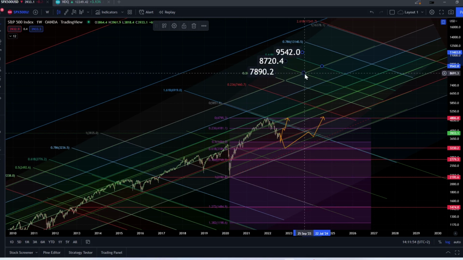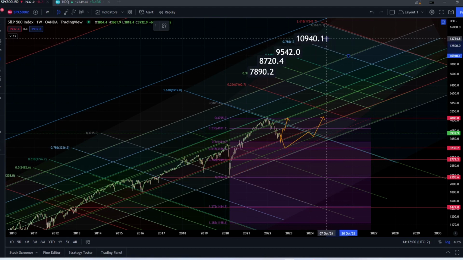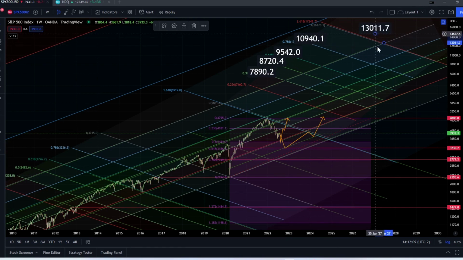Just by considering the interactions of the Fibonacci extension areas, or even above the 10K here in October 25, or ultimately here above the 13,000 in 2027.